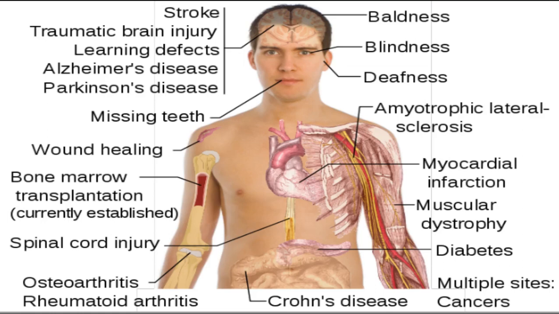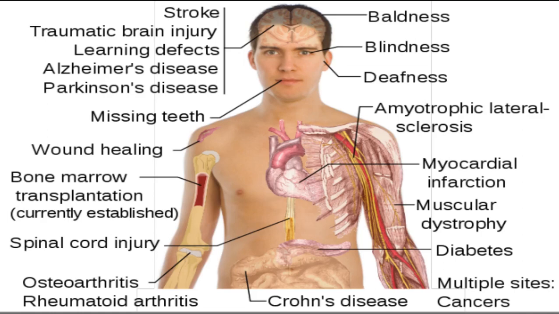Someone has a stroke, part of the brain is now dead. It doesn't come back. Perhaps by implanting neuronal stem cells into the brain, that is, embryonal stem cells, which have been differentiated to become precursors of brain cells, we could repair the brain tissue. The same goes for the heart. You have a heart attack, part of the heart is now dead.